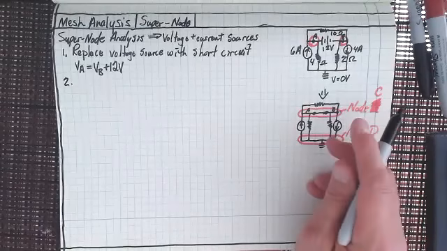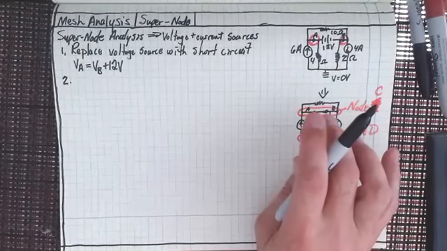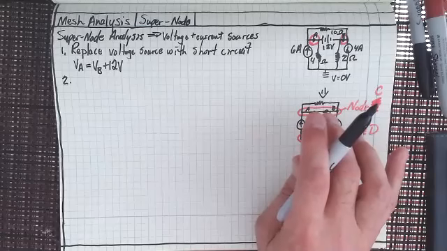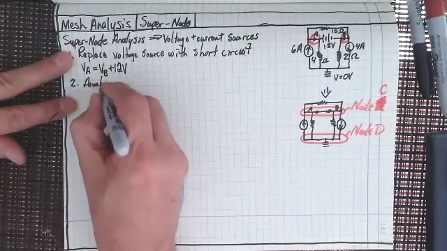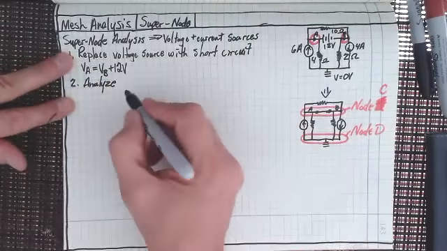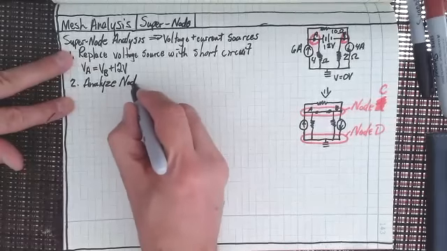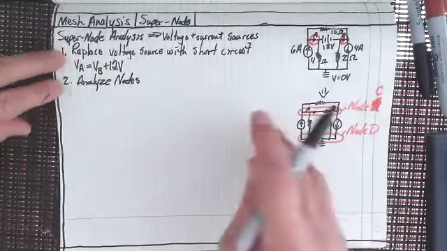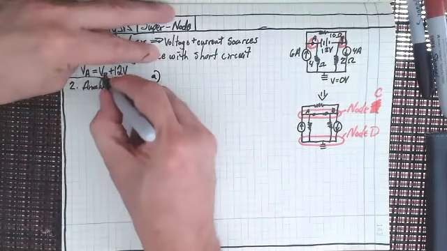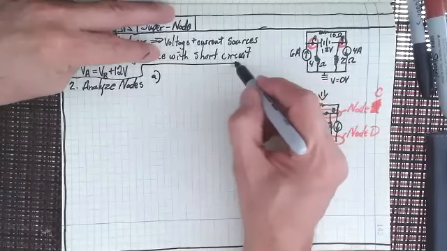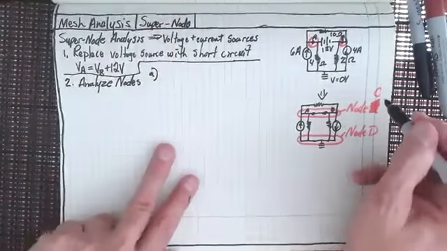Let's do our nodal analysis for the node that I have at C. So analyze nodes. I'm going to put that down as one section. And then I'm going to say A, right? So I still want to, I'm going to take that away from there. So A, let's do node C.